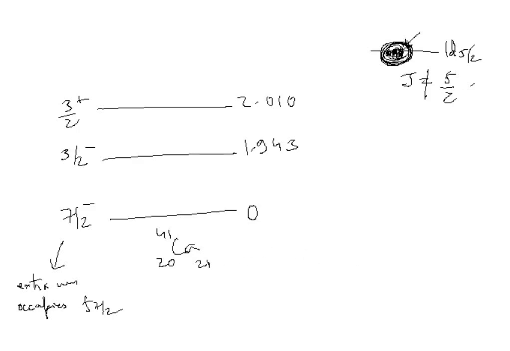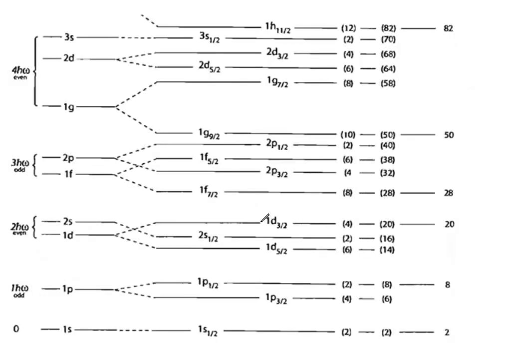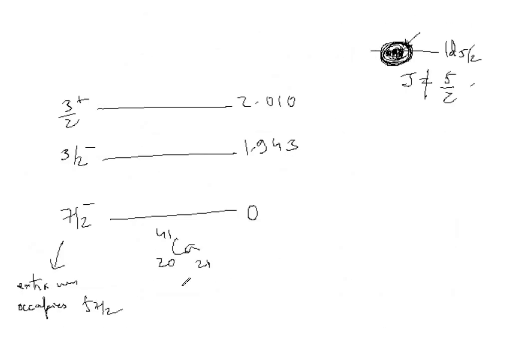So if you look into this picture, 40 calcium here, 1d 3/2, everyone is filled here, and 1 unpaired in 1f7/2 over here. Right, 1f7/2. So the ground state is 7/2 minus.